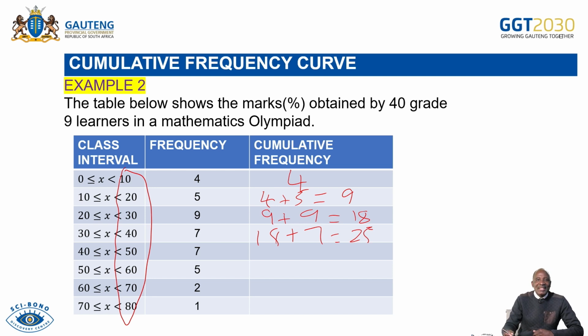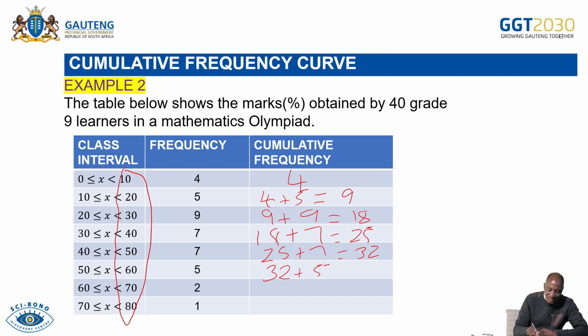So up to 40, they were now 25. Next, 25 plus 7, it gives us 32. Next, you take your 32 plus 5, it will give you 37. Next, you take your 37 plus 2, it will give you 39. And finally, you take your 39 plus 1, it will give you 40.